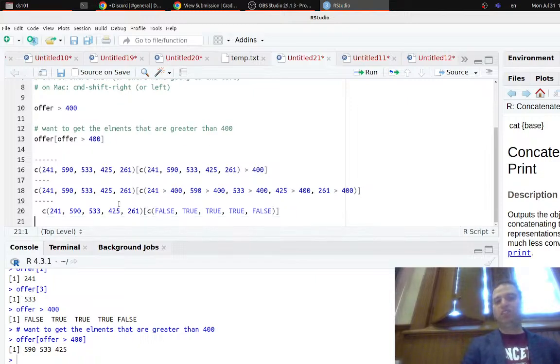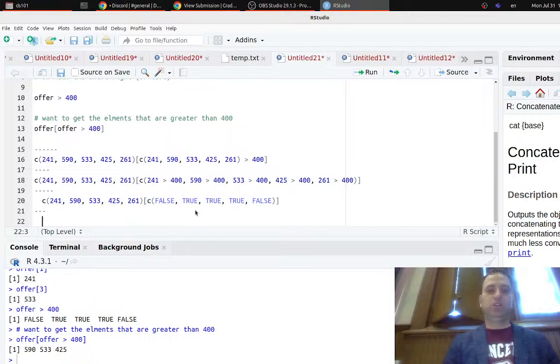And now, this is called indexing with a Boolean vector. When you're giving trues and falses in here and you have a vector in here, what this does is select the elements that correspond to true and discards the ones that correspond to false. So this would be just the final value, which is 590, 533, 425.